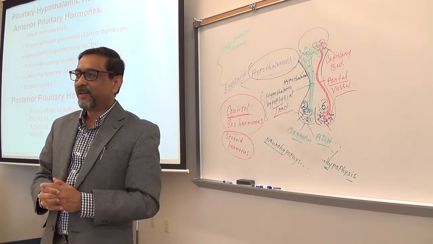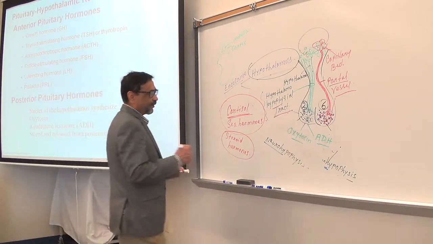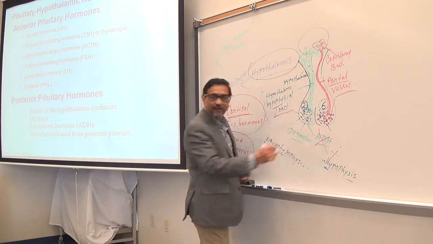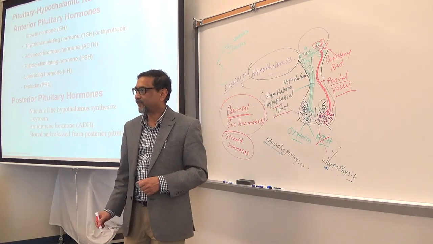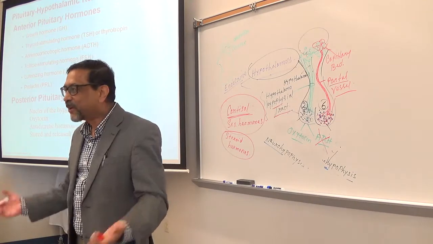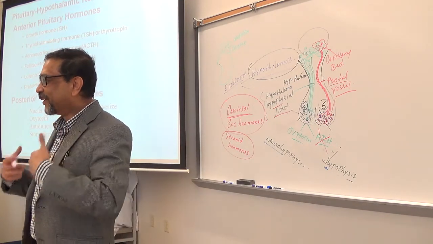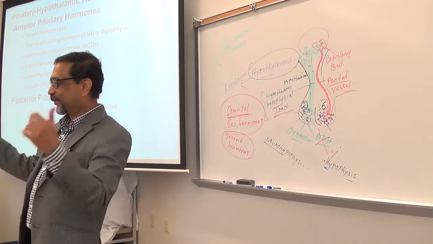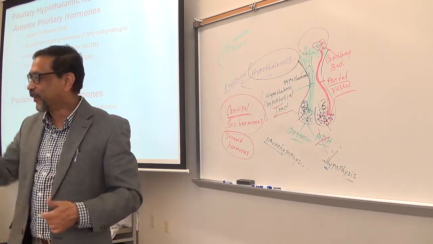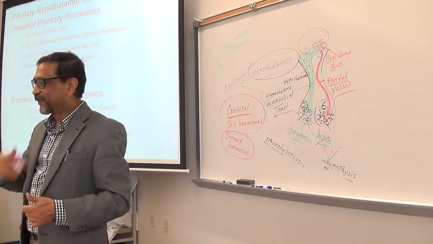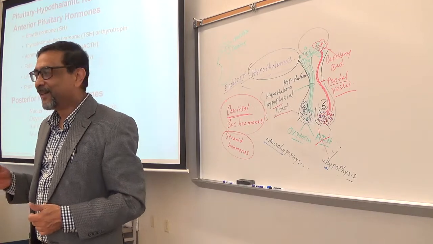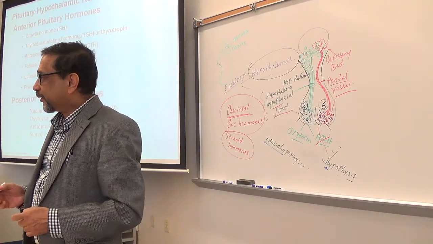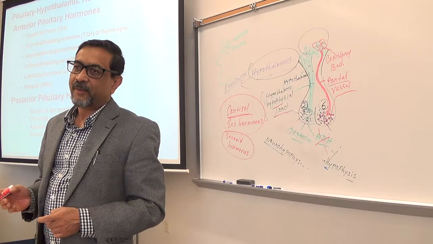Now you tell me, if I block the ADH production, then what will happen? The person will produce more urine, plenty of urine, right? Will frequently go to the bathroom, right? Because more urine will be produced. And that can happen. People with diabetes?